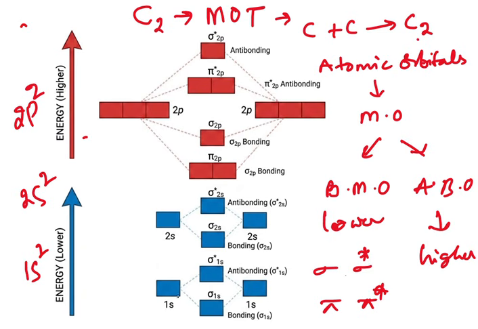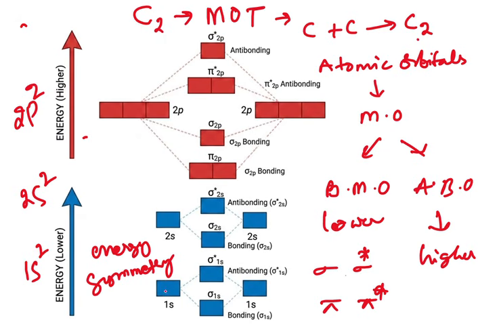When two carbon atoms overlap, their respective 1s orbitals, having the same energy and same symmetry, will overlap on the internuclear axis.